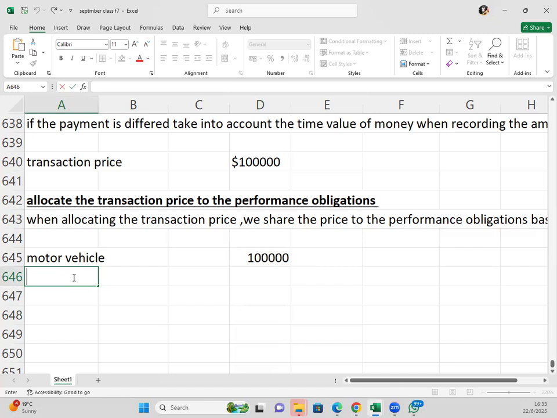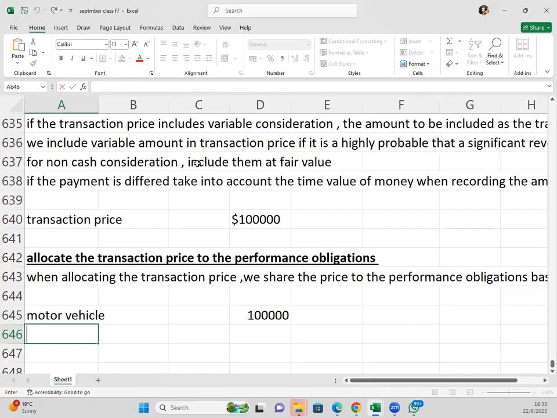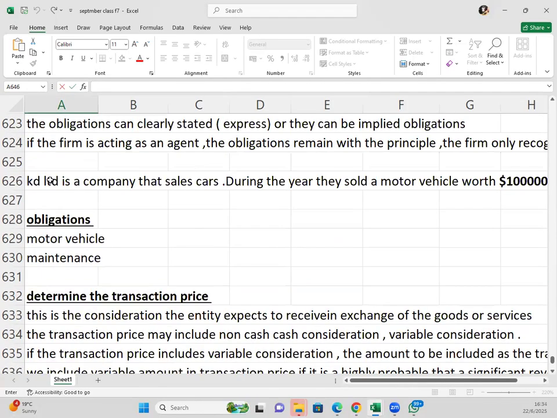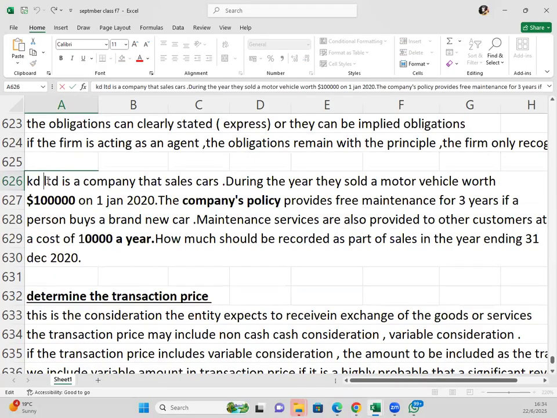Maybe let's just adjust the question there. They sold a motor vehicle worth 100,000 on the company's policy to provide maintenance.